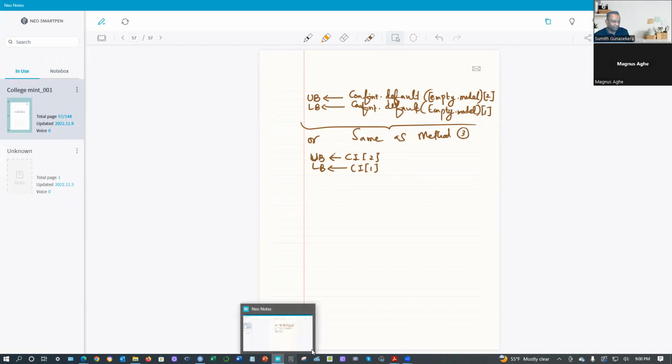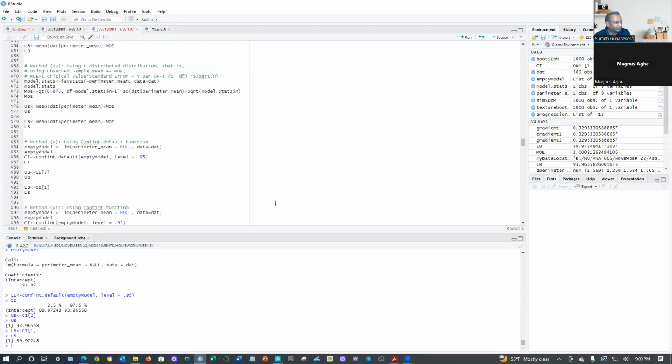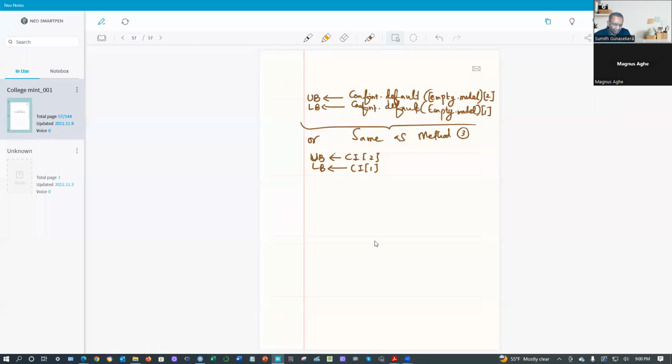Then let's go to number 6, method 6. Let's call the computing, or calculating, confidence interval straight from the R function for the empty model again.